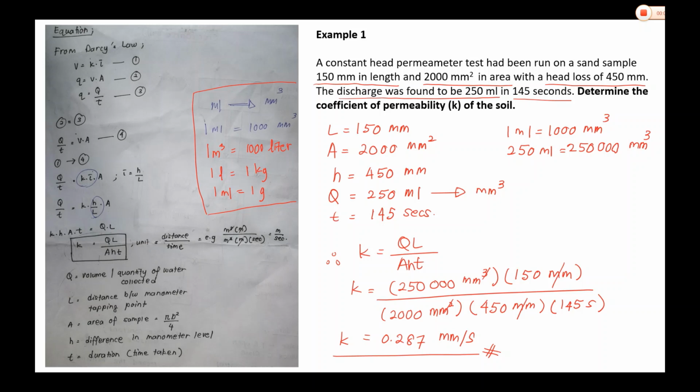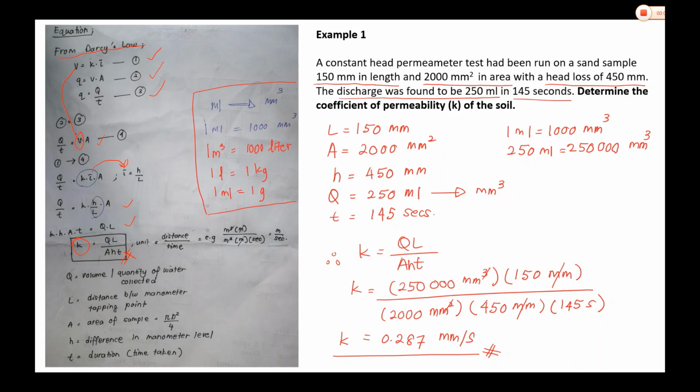Kita nak generate the equation. So from the Darcy's Law, we have V sama dengan KI, Q sama dengan VA, Q also equal to Q over T. So ini more to mathematics, kita just rearrange. 2 sama juga dengan 3, since dua-dua adalah Q, so Q over T sama juga dengan V over A. Alright, and then kita substitute the Q over T ni sama juga dengan KIA, because V dekat sini adalah sama dengan KI, darab dengan A. Okay, so we have the I here, so I also substitute dengan H over L. So kita akan dapat Q over T sama dengan KH over L times dengan A. So we just rearrange to get the K kat depan sini, so kita dapatlah K = QL over AHT.